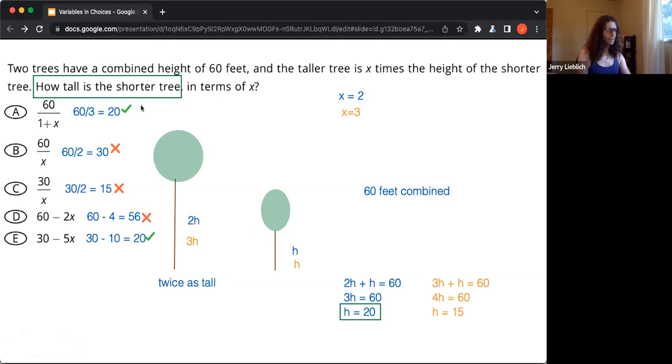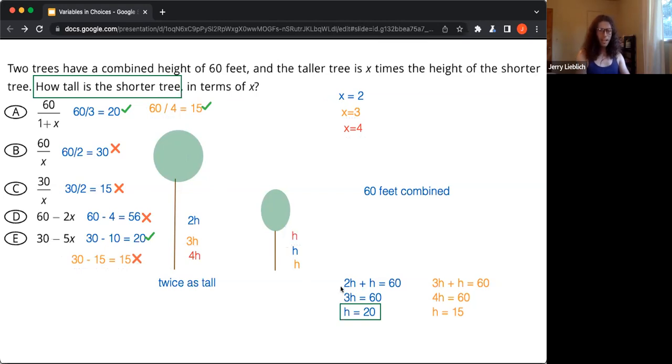Look at A and E. So I get 60 divided by 4 equals 15. That looks good. Over here, I get 30 minus 15 equals 15, oh man, rough luck. This is going to happen. Rarely, it never happened to me, but it can happen. So let's try x equals 4. So we've got h and 4h.